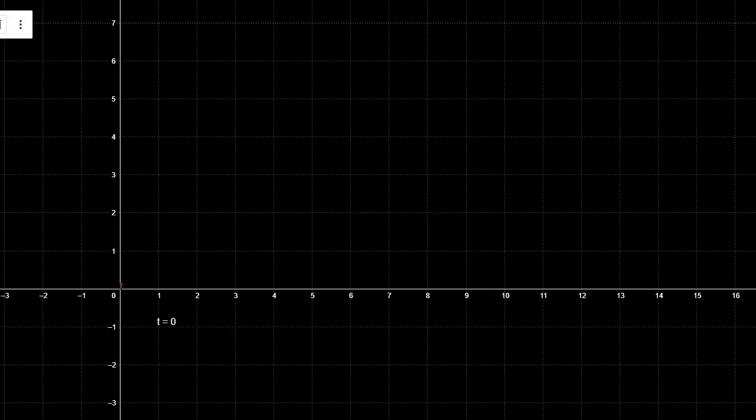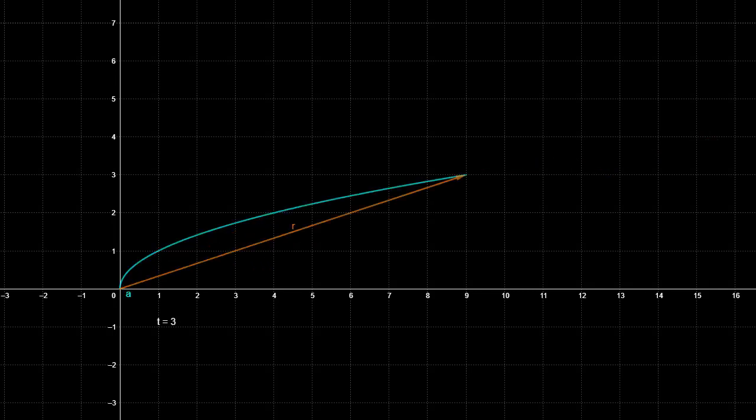So let me show you the trajectory, and when we slow down the time step, hopefully it will show you what's going on, because what these vectors are doing is pointing to where that object is in space at each particular time.